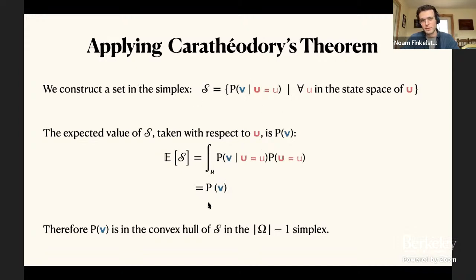So any marginal distribution that's permitted by the complete model is going to be the expected value of this set. And it follows that the true marginal distribution is in the convex hull of script S in the relevant simplex.